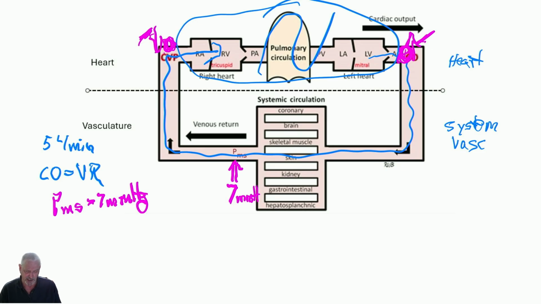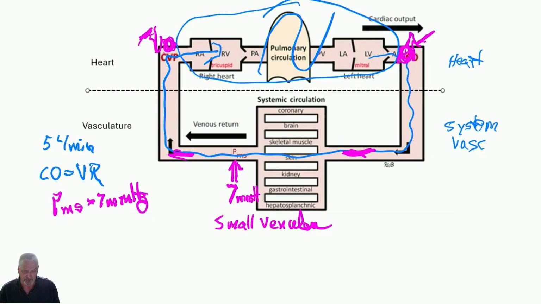And the pressure is higher on this side of it, and it's lower on this side of that point in the circulation. And that's probably in the small venules. And so it doesn't matter how fast blood flow is going. That pressure is always 7 millimeters of mercury.